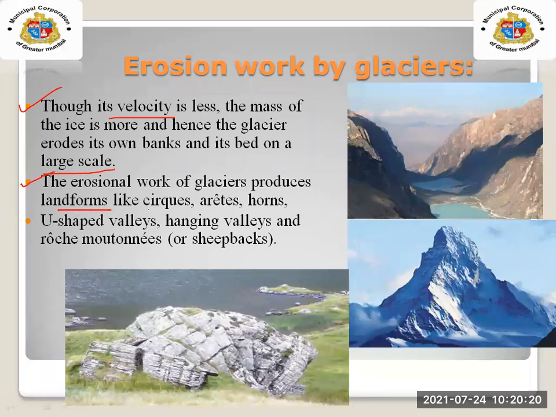The erosion work of glaciers produces landforms like cirques, arêtes and horns, U-shaped valleys, hanging valleys, and rocky mountains or sheepbacks. Now we are going to learn all these with examples. Now, what is a cirque?